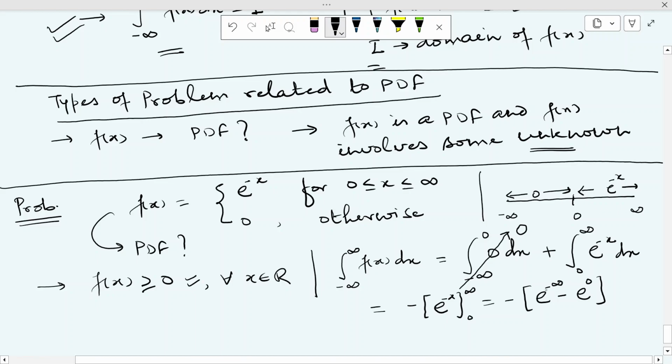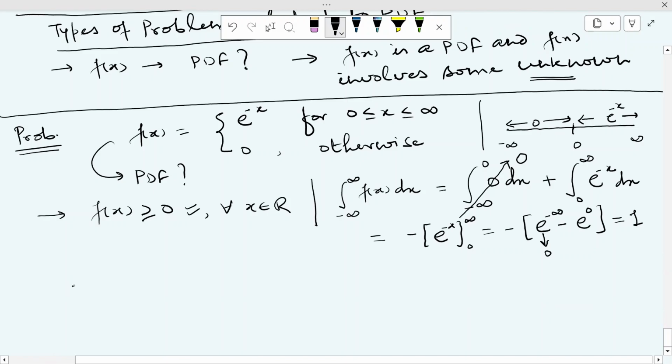We know that e to the power minus infinity is 0 and e to the power 0 is 1, so this is minus 1, and we have another minus outside this bracket, so this comes out as 1.